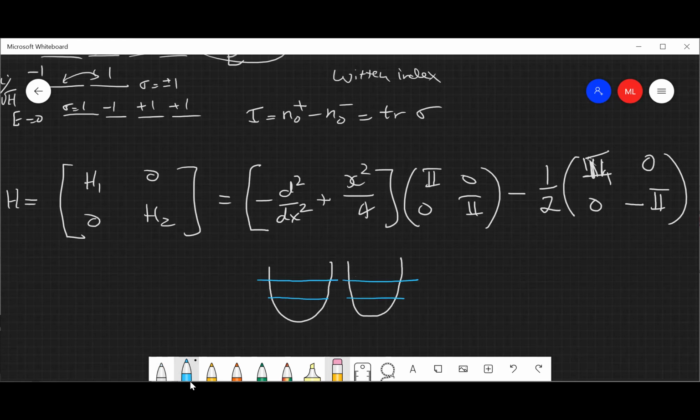But it's not quite so simple to make it satisfy the supersymmetric algebra. You actually have to shift the energy levels of one of these up by a single spacing. So you move the ground state of one of them up by h bar omega, so that the ground state is now up here.